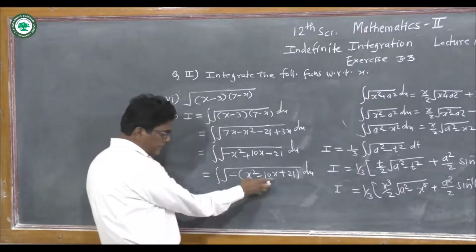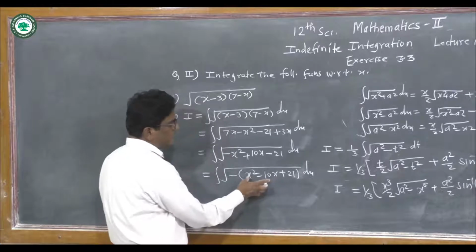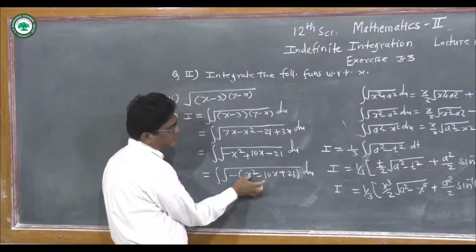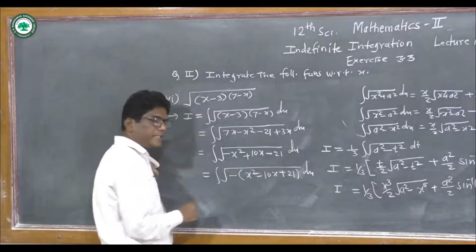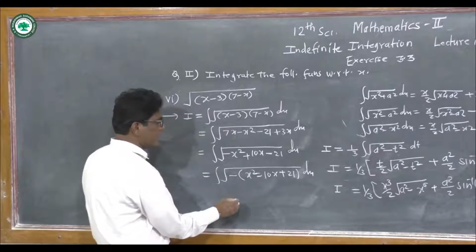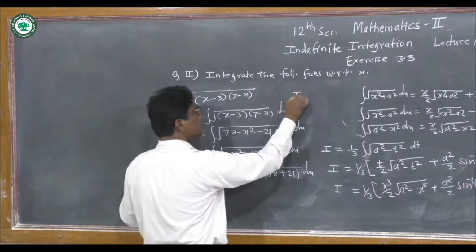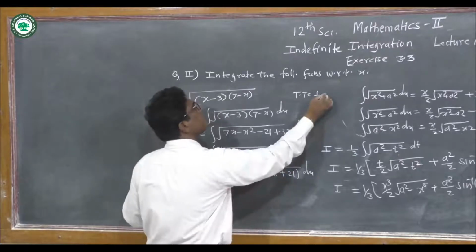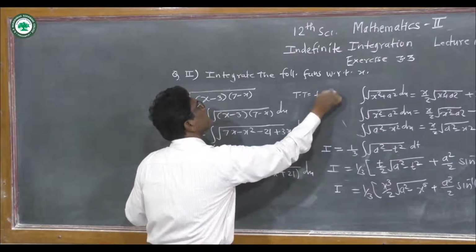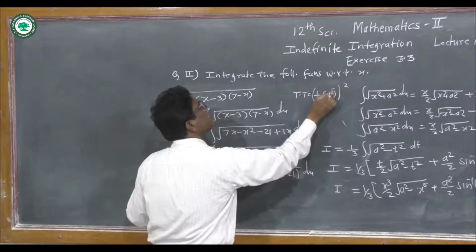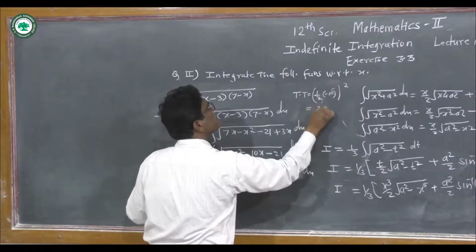Now we complete the square in this round bracket. Here x square minus 10x, we have to add the third term. And how do we take the third term? The third term is equal to half into the coefficient of x, that is minus 10, and bracket square. So 2 1s are 2, 2 5s are 10, minus 5 its square, that is equal to 25.